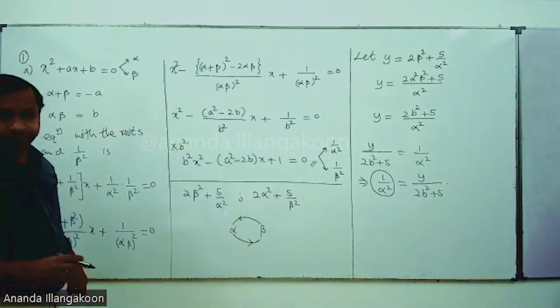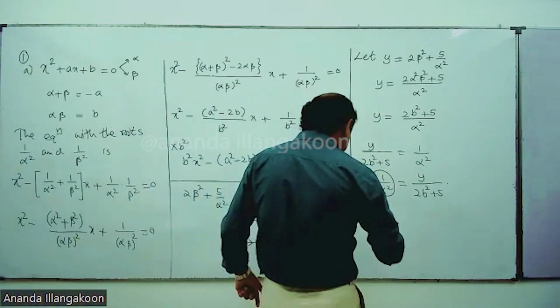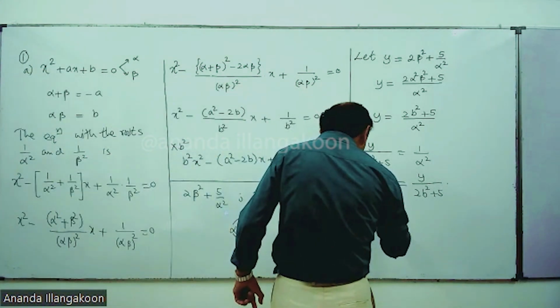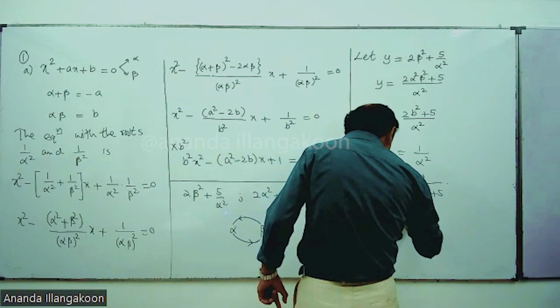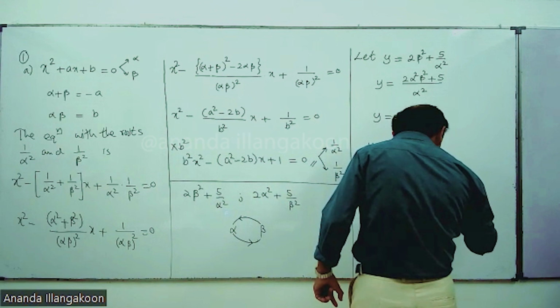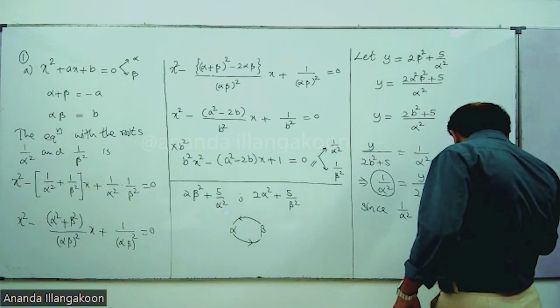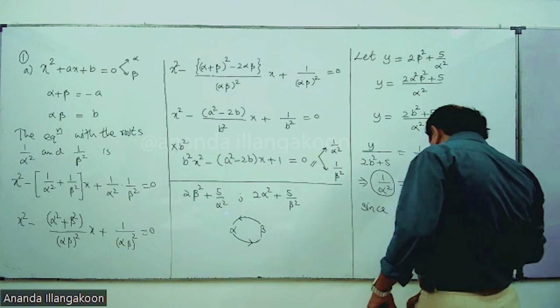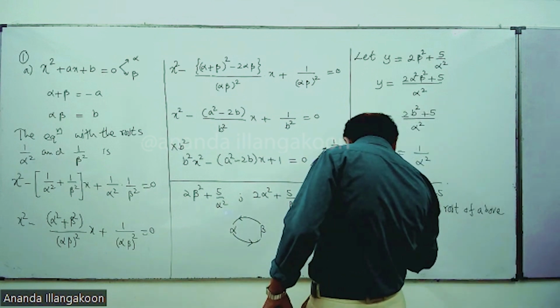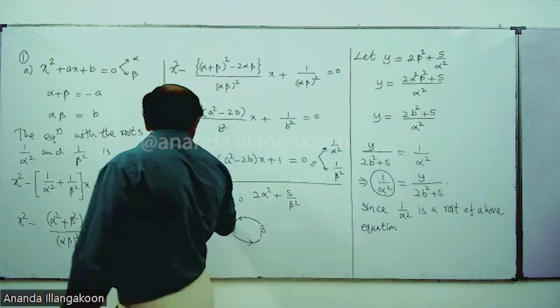Understood? Okay. Then you can write it this way: since 1 upon alpha squared is a root of the above equation, substitute for this x.